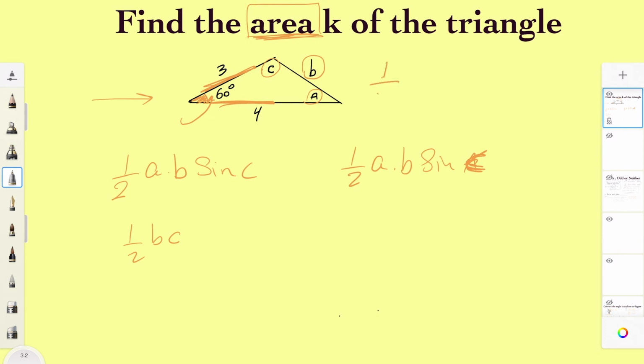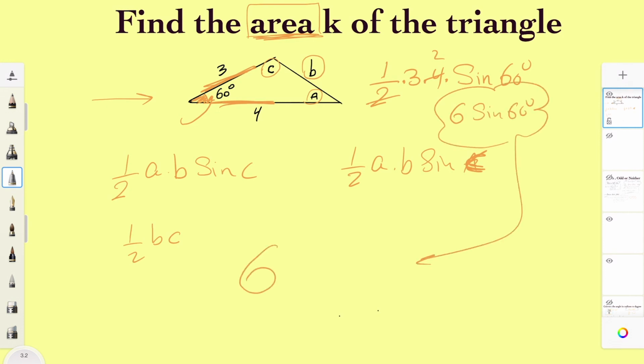It will be 1/2 times 3 multiplied by 4 multiplied by sine of 60 degrees. This will be 6 sine of 60 degrees. The answer will be 6 multiplied by root 3 over 2, which is 3 root 3.